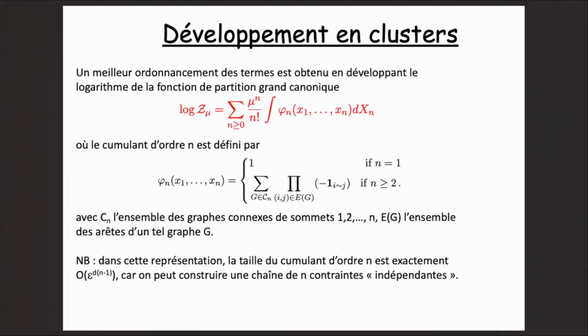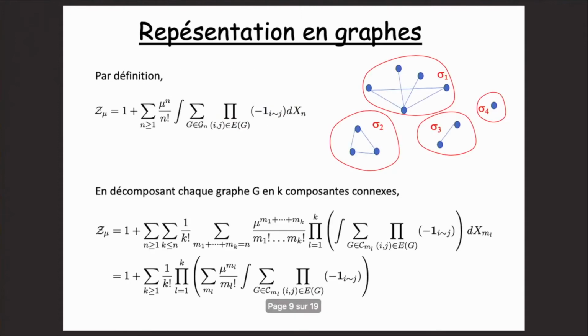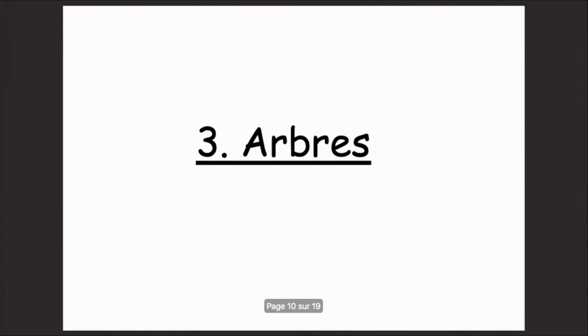You have this expansion with this definition of the cumulant. Once again, it's just a bit of computation. It's not very fun, but you just use the series expansion of the exponential and logarithm. The only thing that you need to understand is that the important point here is to decompose the graph into connected components.